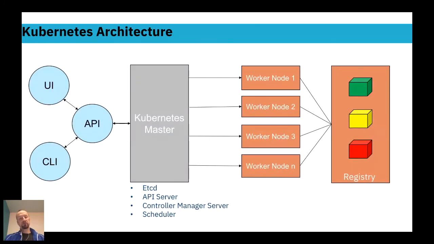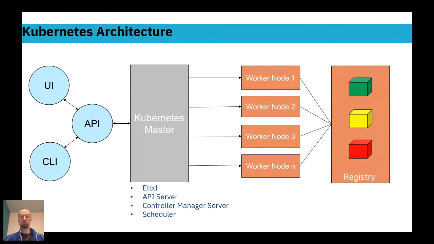A little bit about architecture. From the registry, you would pull Docker images, and these Docker images would create pods in a worker node. So the worker node would be the element that drives the specific pods, which are the elements in which you would package your containers.